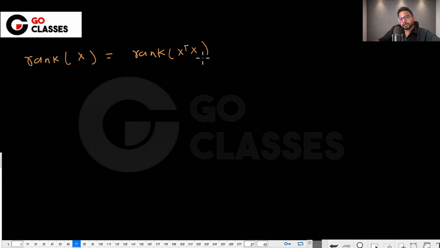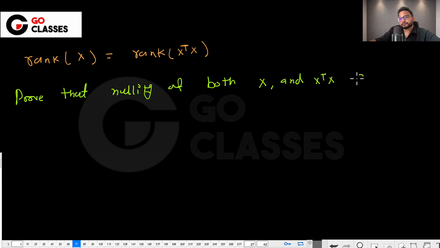So instead of proving the rank, I am proving the nullity. Let's prove that the nullity of both matrices X and X transpose X are the same. We will prove it using the null space. Suppose this is case 1. Suppose that V is a vector that belongs to the null space of X transpose X. What does this mean?